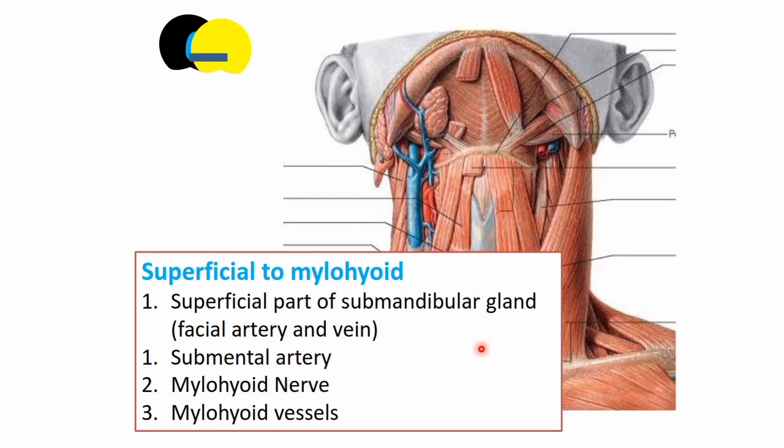We can also find the facial artery and the facial vein, which I am going to show you in the next picture. Then the submental artery, which is the branch of the facial artery before it enters the face. Then the mylohyoid nerve and the mylohyoid vessels.